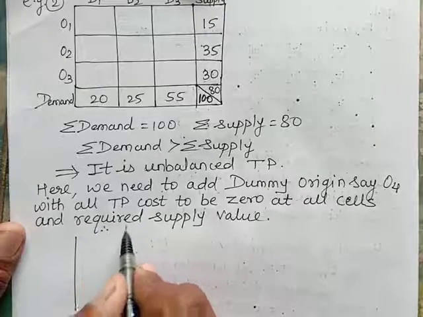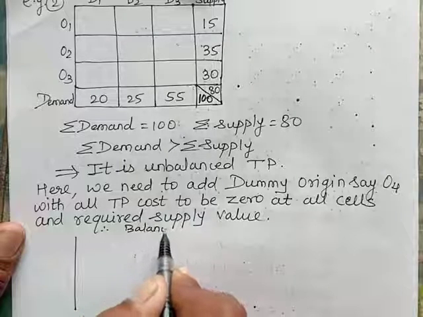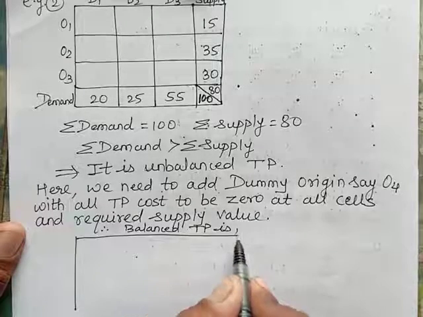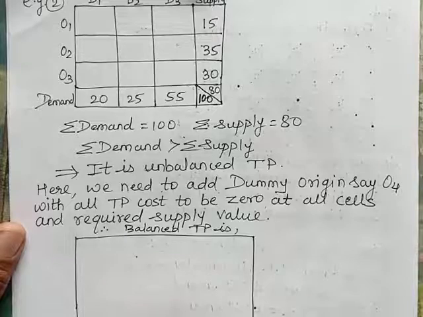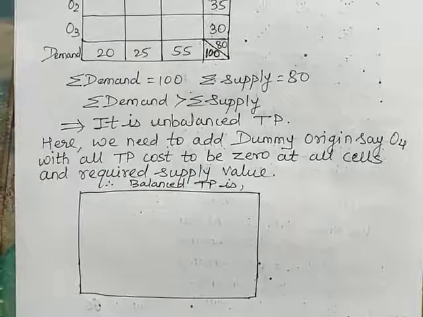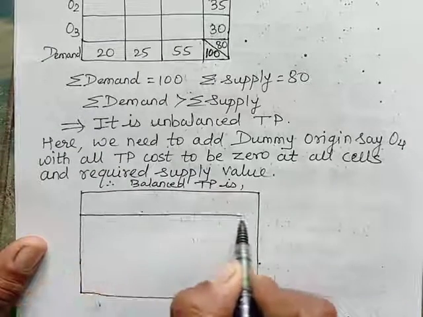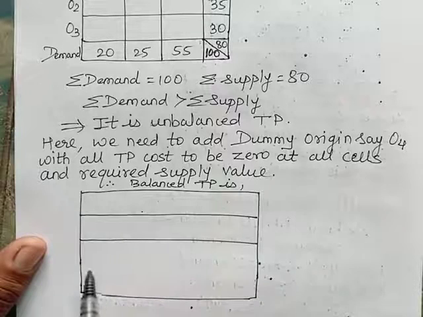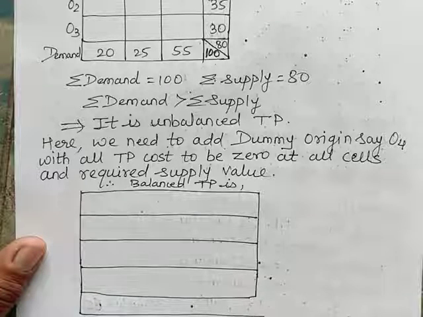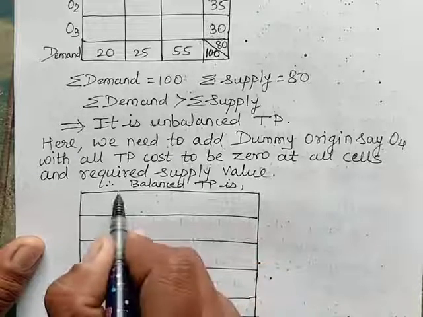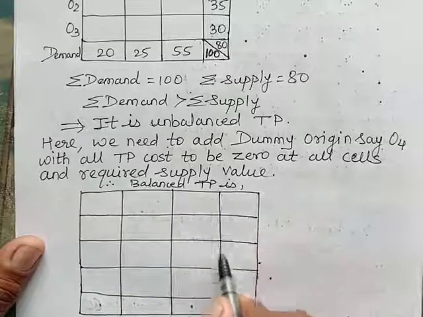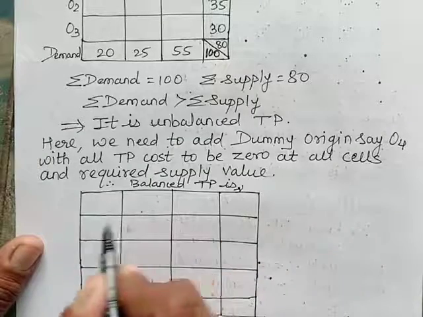Therefore the balanced TP will be as follows.